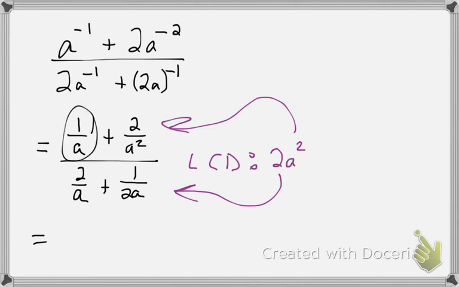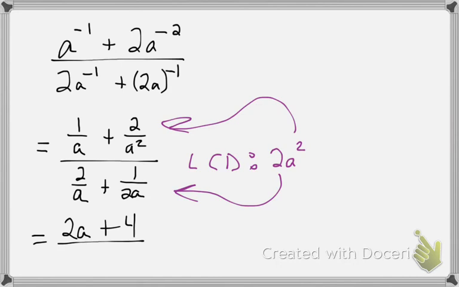With 1 over a, what would cancel? An a, leaving behind 2a times 1, which is 2a. Plus, with the 2 over a squared, what's going to cancel out? A squared, leaving 2 times 2, which is 4. There's my numerator. What about my denominator?